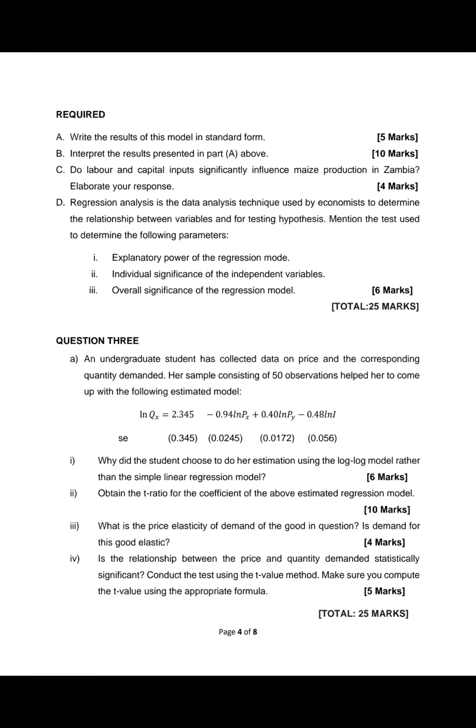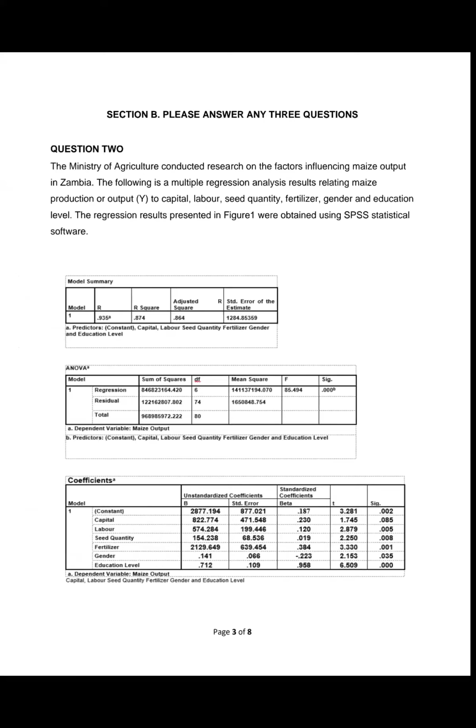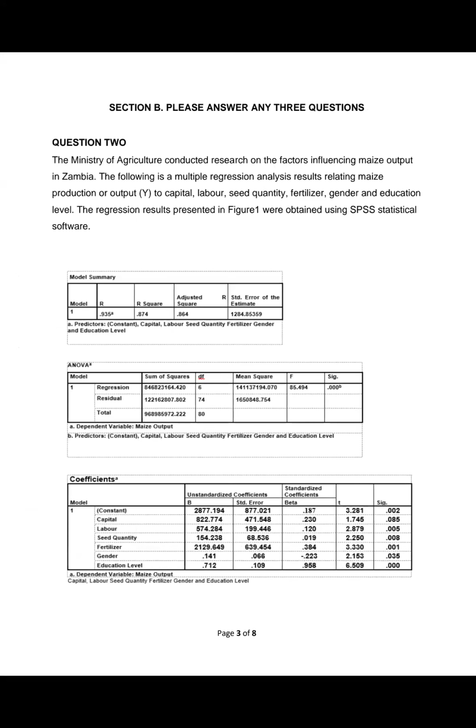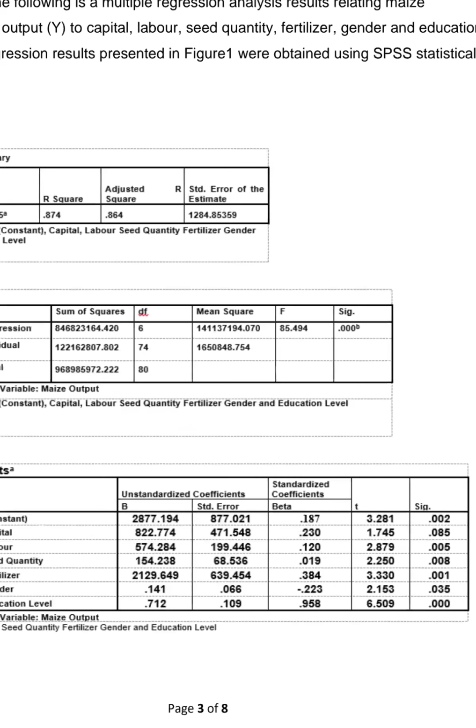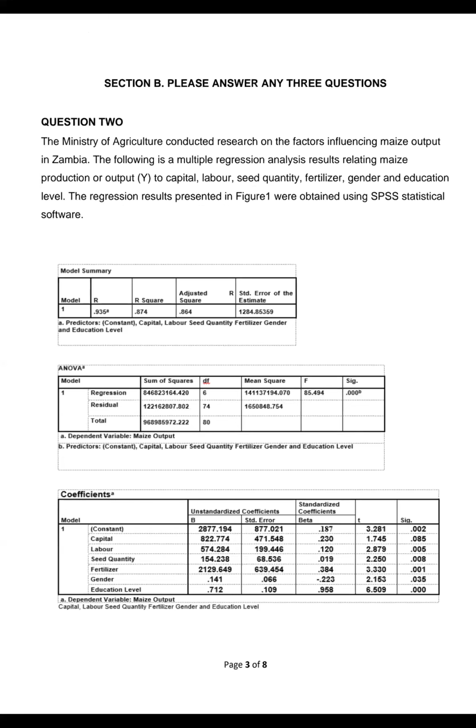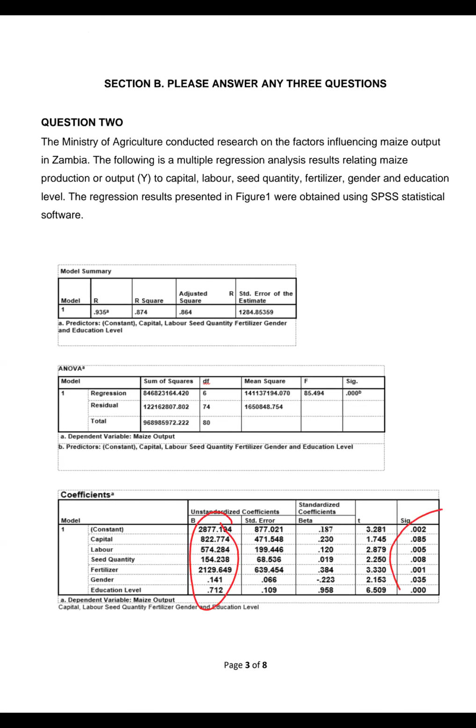So interpret the results presented, 10 marks. Interpreting the results. There are a lot of results. Key results that you should interpret are the coefficients and also the significance. Significance, we just look at the p-value, the sig.